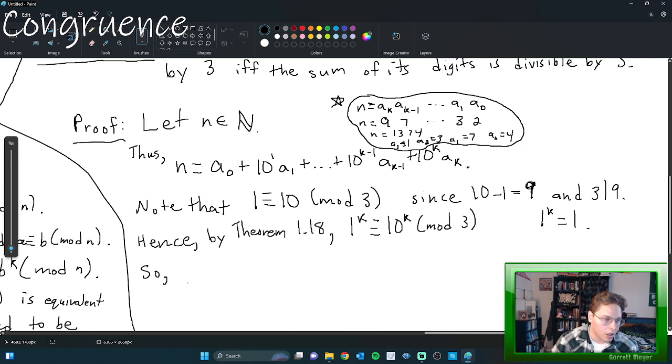So we have n equals a0, or let's write it out like this.